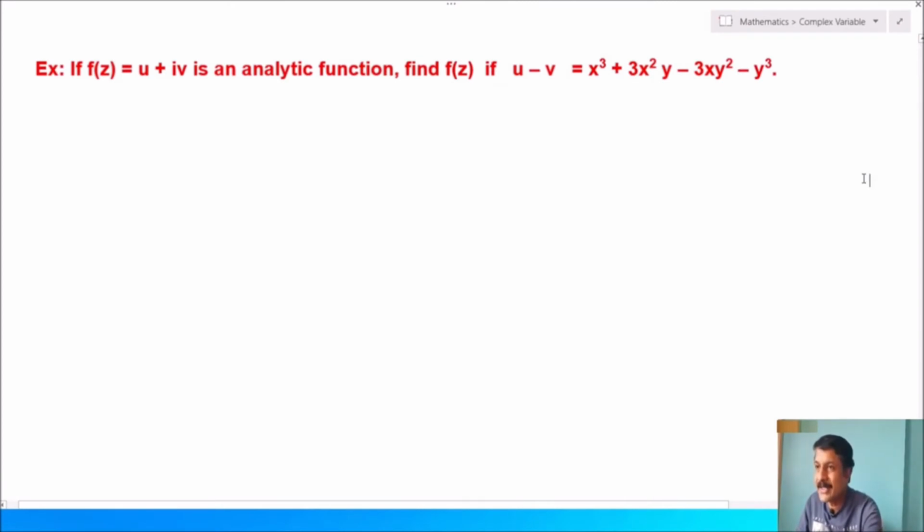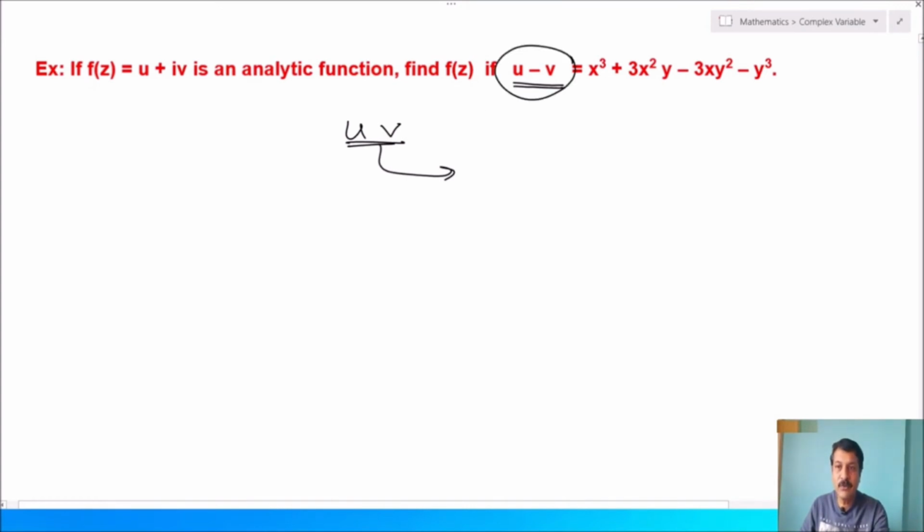Now consider another example, that if f of z equal to u plus iv is an analytic function, find f of z if u minus v equal to x cube plus 3x square y minus 3xy square minus y cube. So note that in this type the relation between u and v is given. It means that the values of u and v are not given separately.